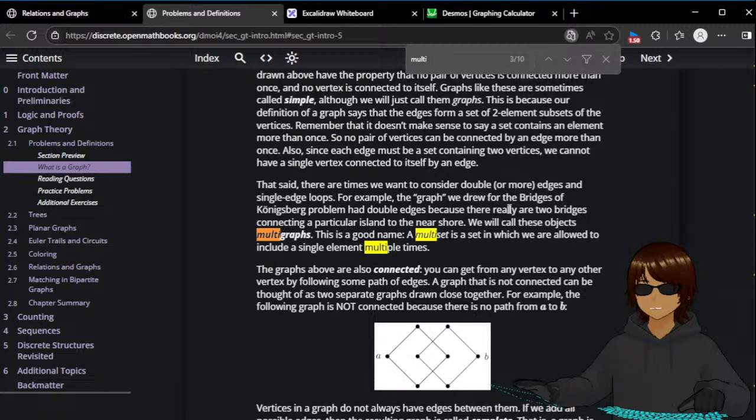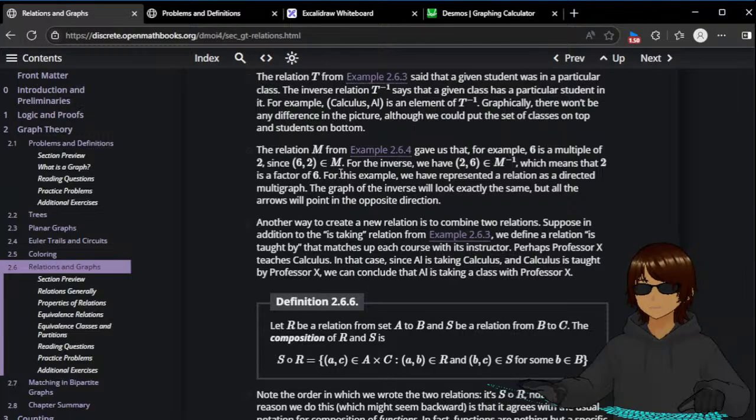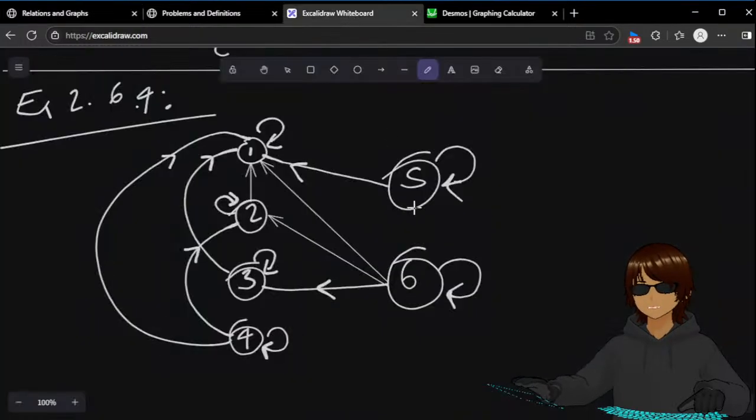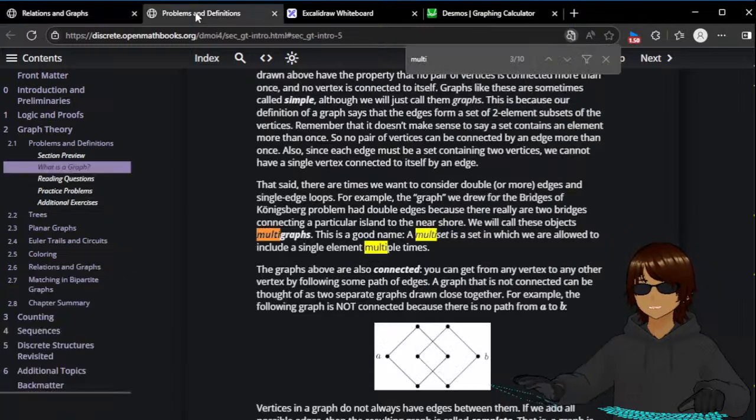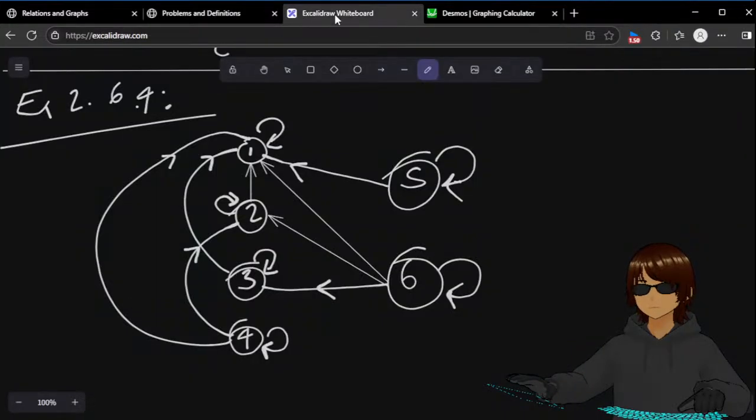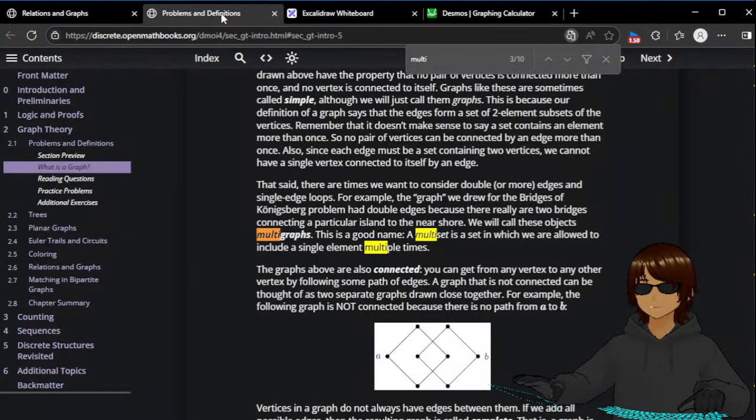Had double edges because they really are two bridges connecting a particular island to the near shore. We call these objects multigraphs. Oh, if there are multiple edges for the same pair of vertices. Wait a minute, this is not a multigraph. But for the inverse, it might be. The graph of the inverse will look exactly the same, but all the arrows will point in the opposite direction. But it's not a multigraph, right?